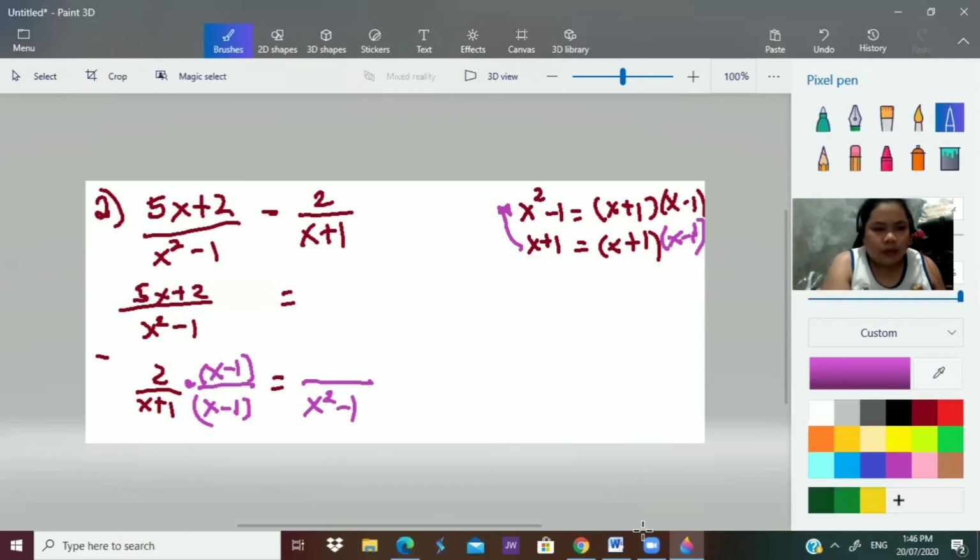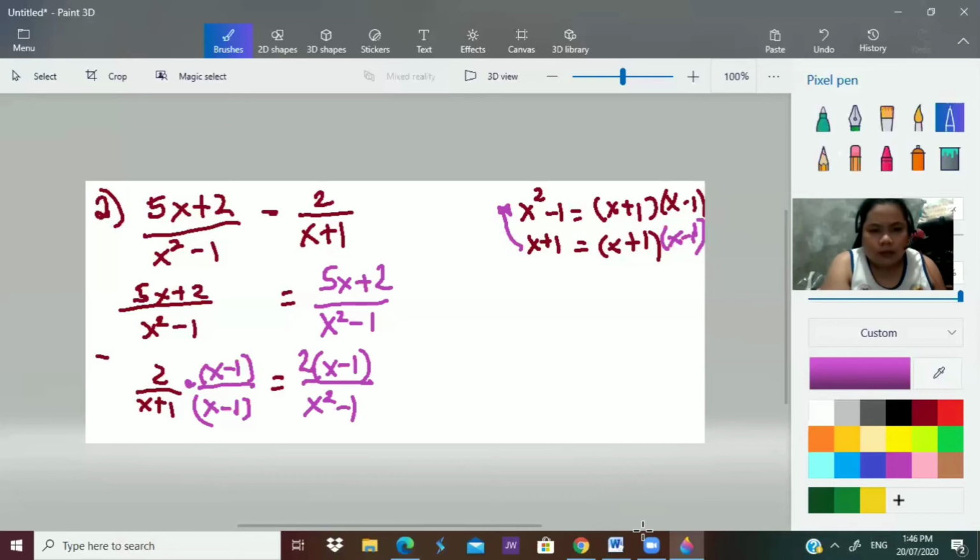Okay? So, ibig sabihin, wala na akong gagawin sa minuend ko, sa first entry ng aking subtraction, kasi yung subtrahend ang nag-adjust. See? Ito yung nag-adjust. So, meron ka rito 2 times x minus 1.